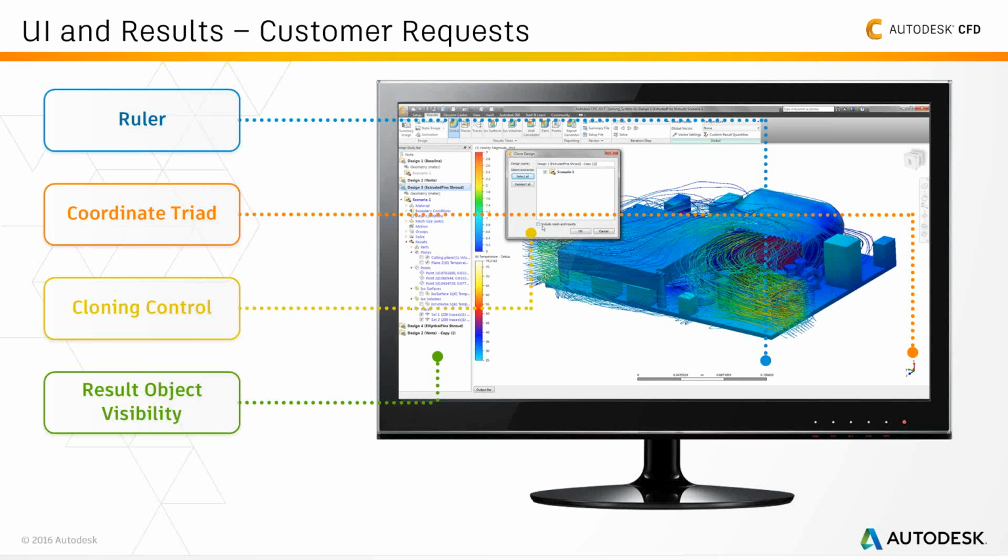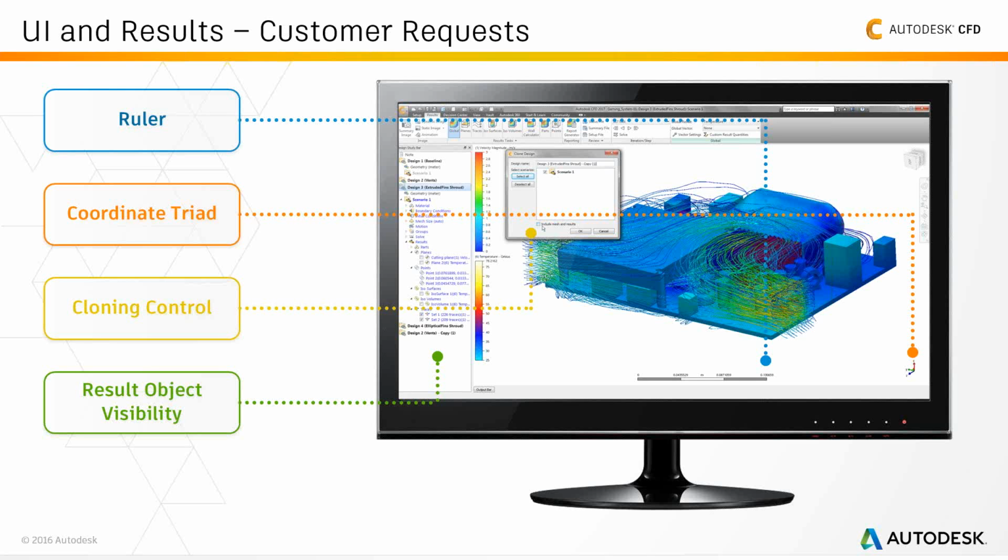I'm not 100% sure if you have to actually change to the design in order to clone it, but I think we addressed it. So I'll test it out, and we'll have to answer that later, maybe while we're in the Q&A. When we do the demo, let's verify that. Yeah, for sure. One of the other things we did as well from a visibility standpoint is the results objects.